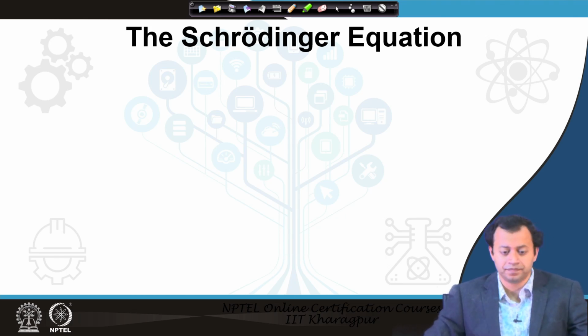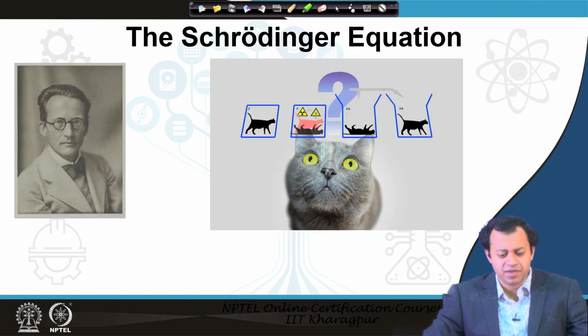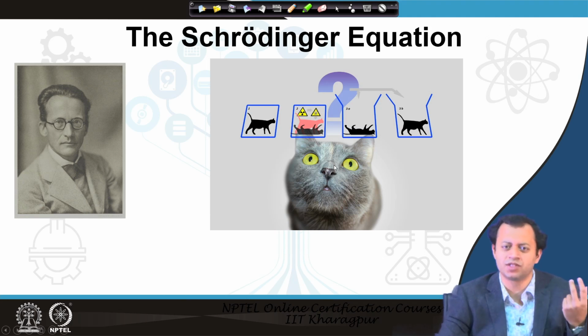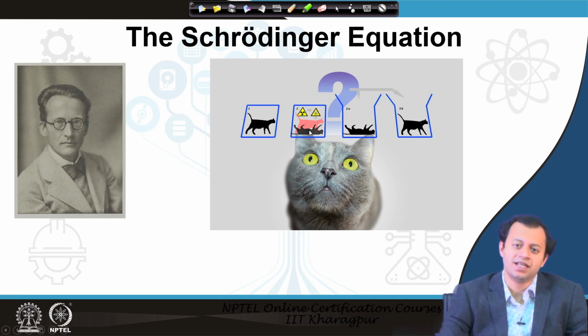This is my request. First, let me tell you a little bit more about this gentleman called Erwin Schrödinger, the Austrian-Irish physicist. He was quite famous, got the Nobel Prize in Physics in 1933 for writing the Schrödinger equation, and almost all of you must know about the Schrödinger cat experiment, a thought experiment which he wrote to Einstein, about quantum superposition: unless I open the box, I will not know whether the cat is dead or alive.